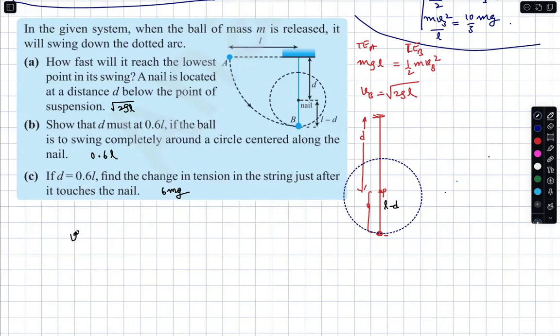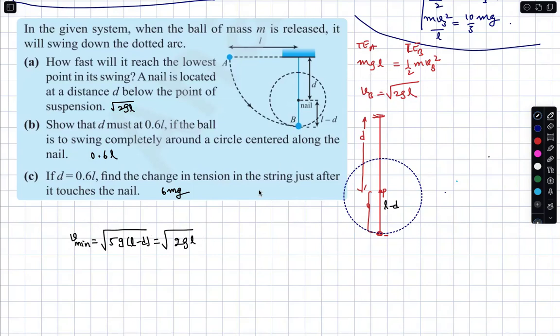What is the minimum speed required? Just now we taught root 5G times length, root 5G(L minus D). But actually this is root 2GL.